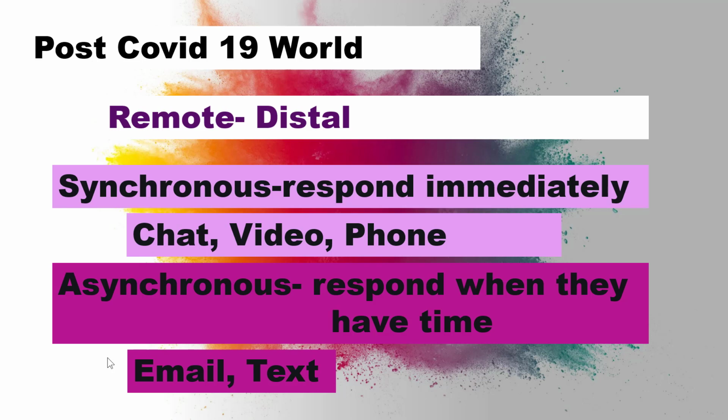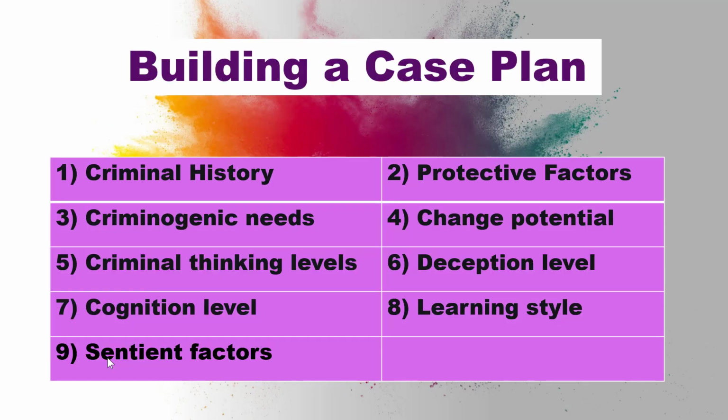So when I'm trying to develop a case plan, there are 9 things I think you need to have in a case plan. You need to understand criminal history. You need to understand the protective factors that are actually positives for the client. Also, the criminogenic needs, which are viewed primarily as negative. The change or motivation potential within the client.